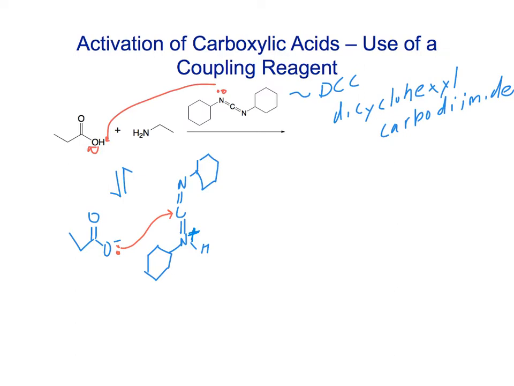Okay, so what can happen now is that this carbon can act as a nucleophile and attack that carbon right there. So this is kind of like if we just covered up one half, it's kind of like an imine, right? A protonated imine. So these electrons go back to the nitrogen because that has the plus charge. I'm going to loop way down here to make sure we got enough room. Okay, so this goes to the middle carbon.